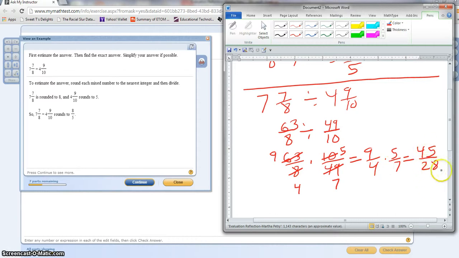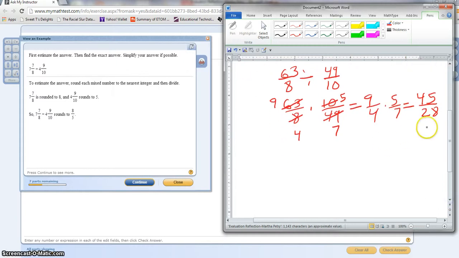Now, since we have an improper fraction here, we could change this to a mixed number. So we would take 28 into 45. 28 goes into 45 one time. 45 minus 28 will give us 17, because remember, we cannot subtract 8 from 5.